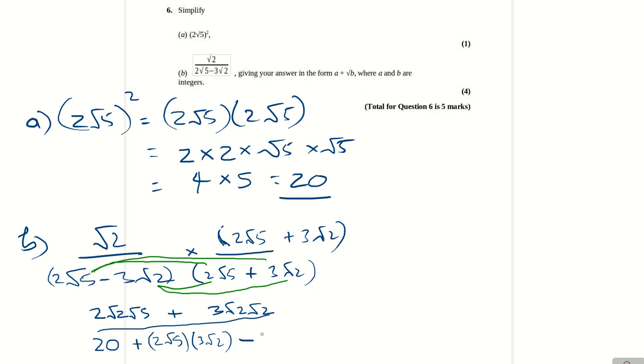So that's going to cancel, because it doesn't matter what order we multiply things in, that's going to cancel with the second term. And then finally we end up with, it's a minus times a plus, so it goes to a minus, and it's 3 root 2 times 3 root 2.